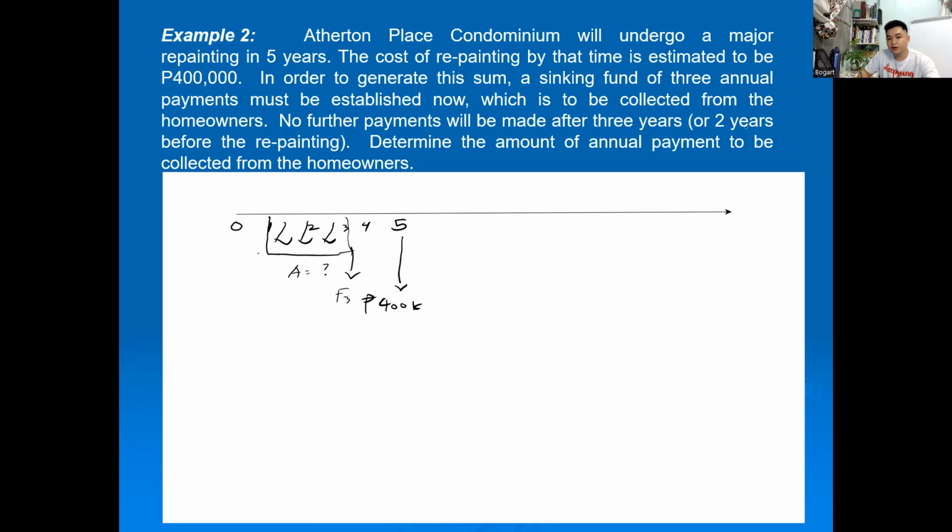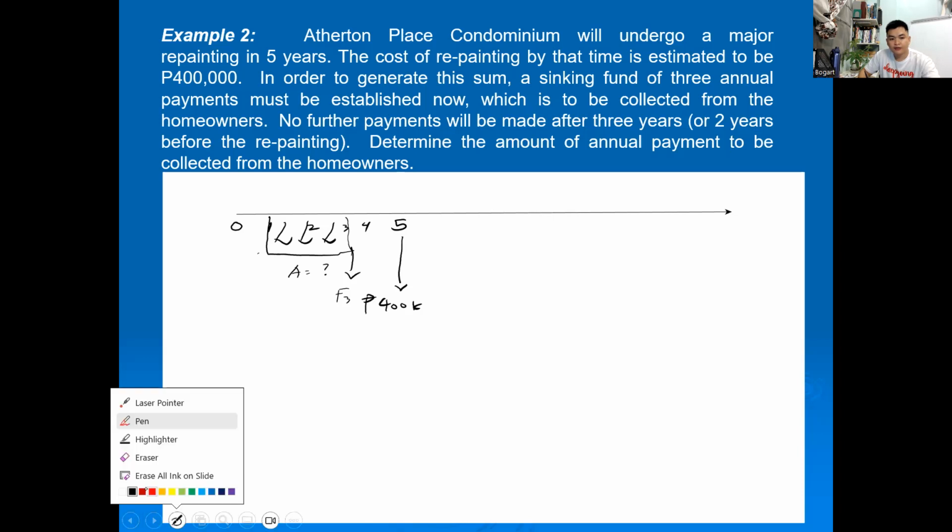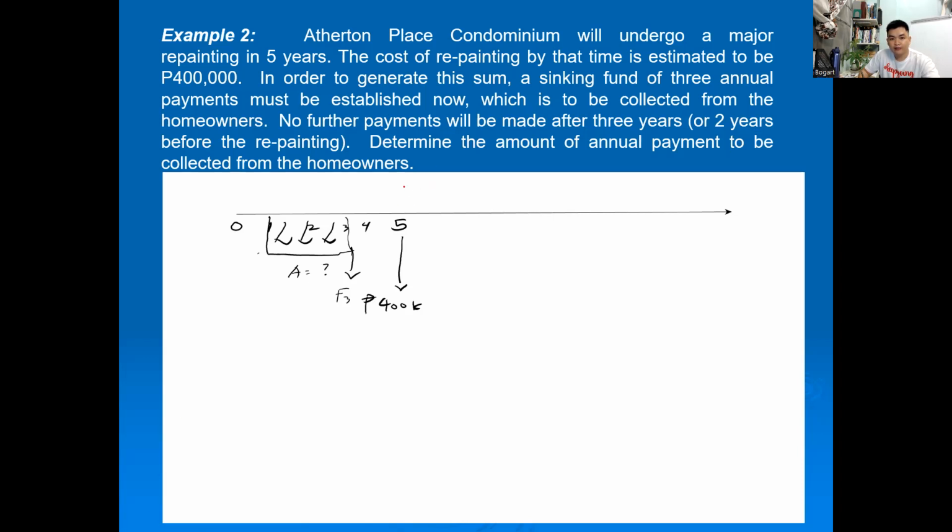So, paano natin yung gagawin? Na-transpose mo muna si F5. This is F5. Ina-transpose mo dito. Diba? That will be finding P3. Finding P3, that will be F5, which is equivalent to 400K pesos. That will be finding P for 2 years. Ano ba? 3, 4, 5.